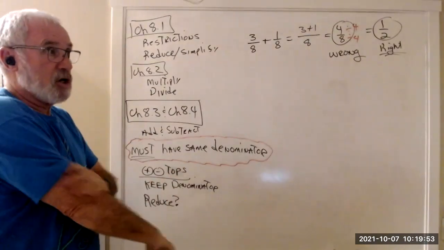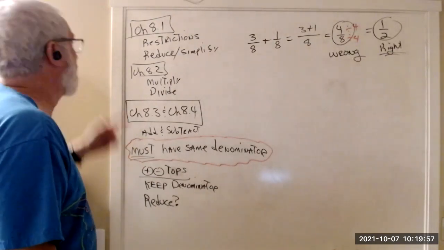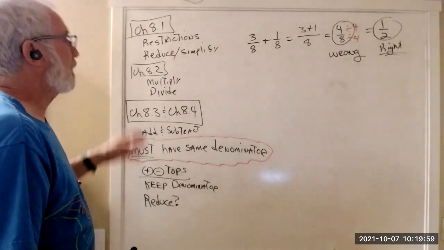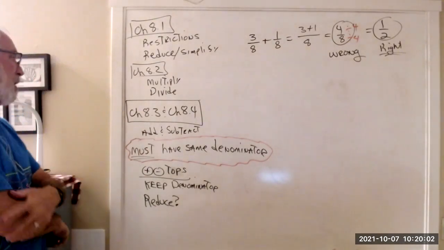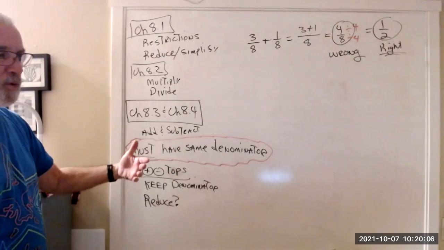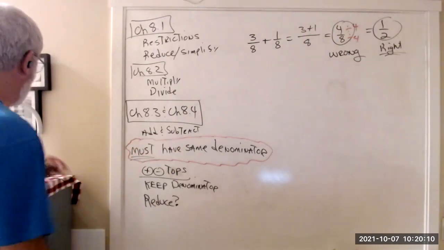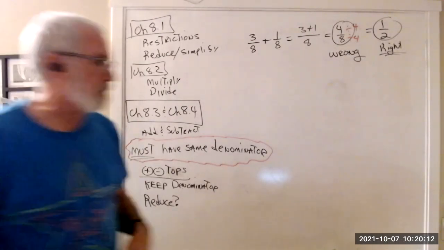Okay, they're just ugly. So, okay, let's do a couple algebra problems and see how we do this. We're going to start with simple ones, and then we're going to move into more complex ones. All right, here we go.